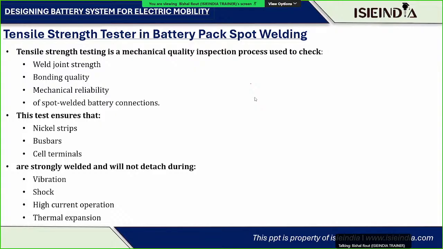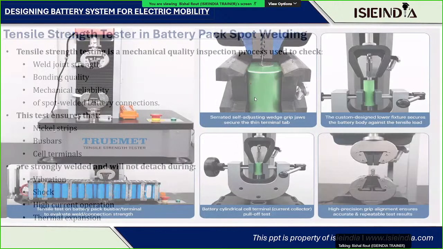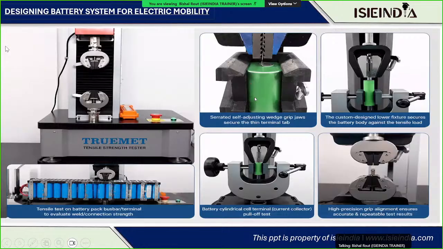Basically, if you are manufacturing a cell, your cell should be able to withstand a force of 8 to 10 kg. You can see over here, this is called a tensile strength tester. While it pulls, we apply 10 kg, and if it opens at 10 to 12 kg, then it is fine and good enough for the purpose.